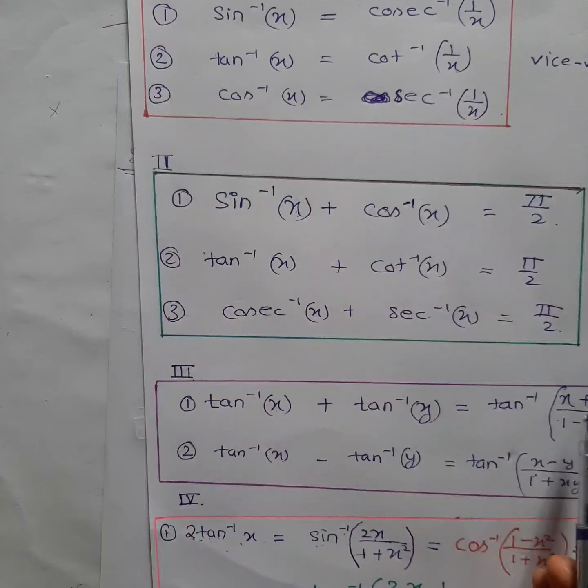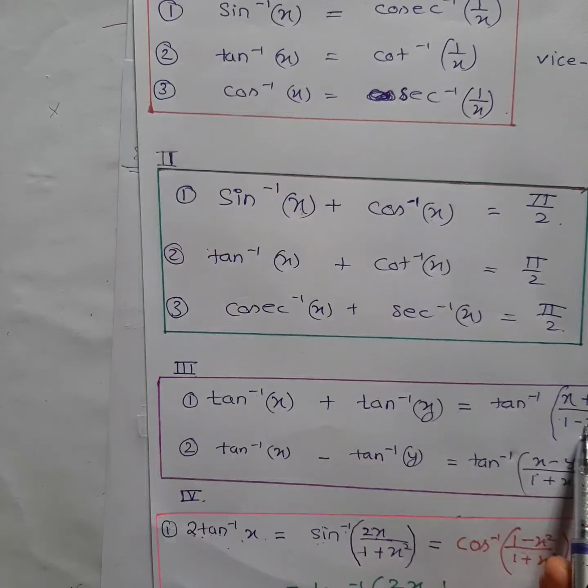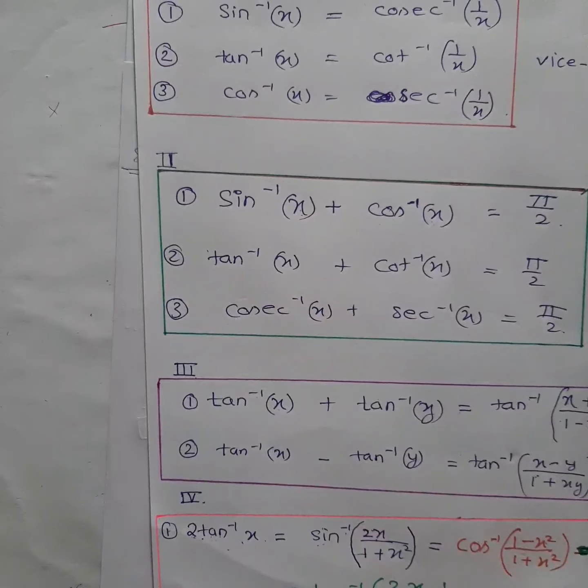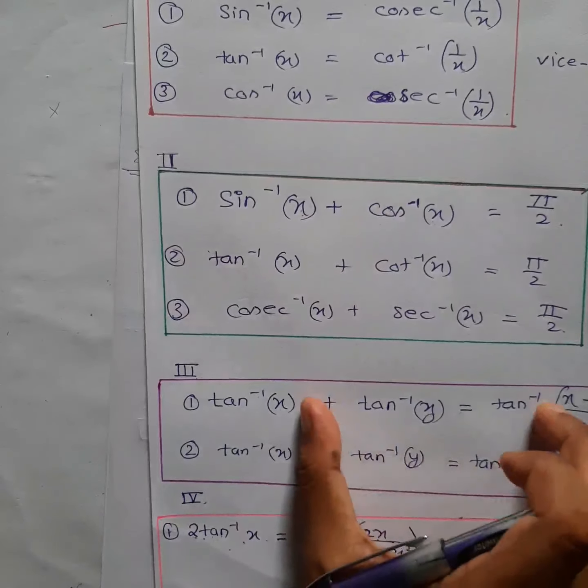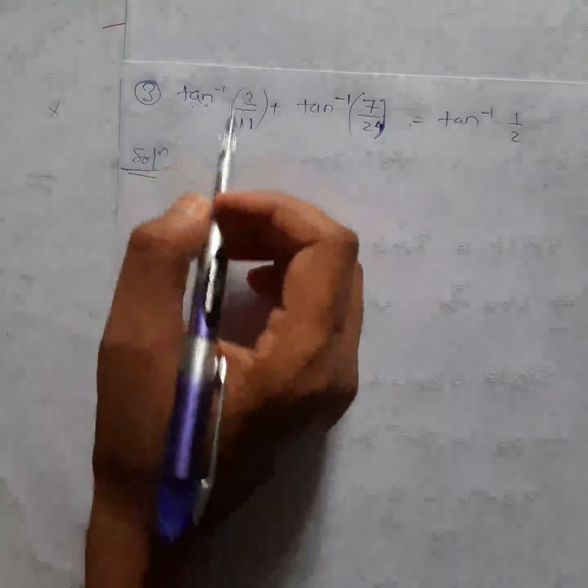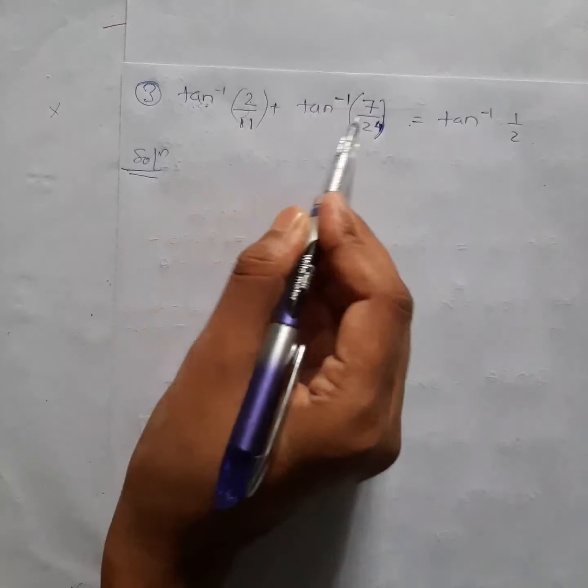Tan inverse, in place of tan A and tan B, you just put x and y. x plus y by 1 minus xy. This is how I used to remember the formula, okay? And the derivation I have already shown you. So I'm going to use that formula only. Tan inverse x plus tan inverse y.